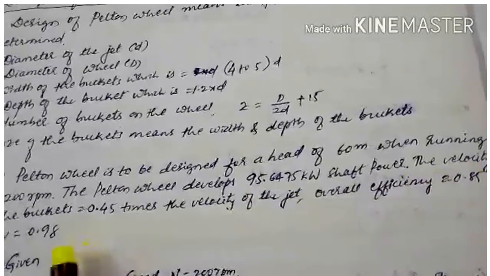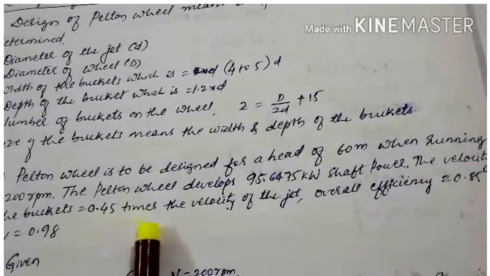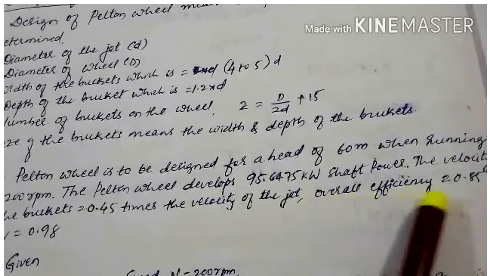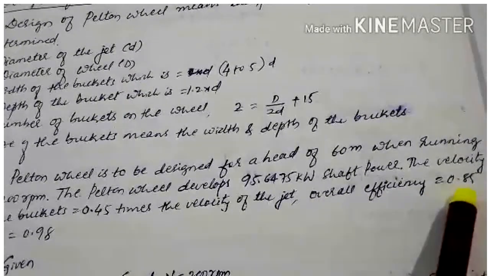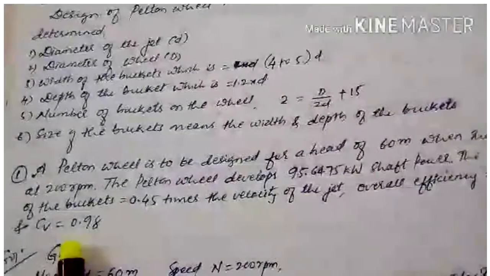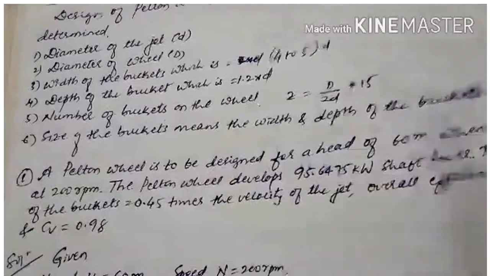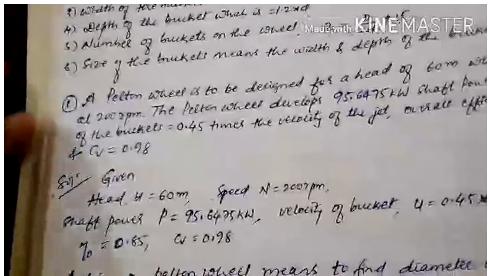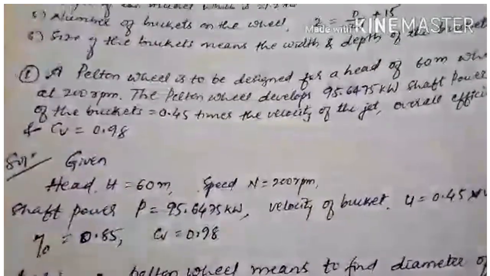Then the velocity of the bucket is 0.45 times the velocity of the jet. Take the overall efficiency as 0.85 and take the Cv value as 0.98. So these are the data given. So let us first write the given data.